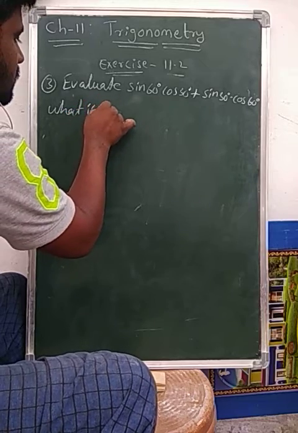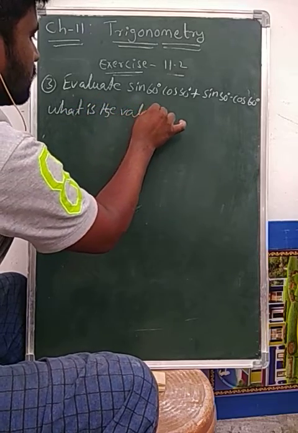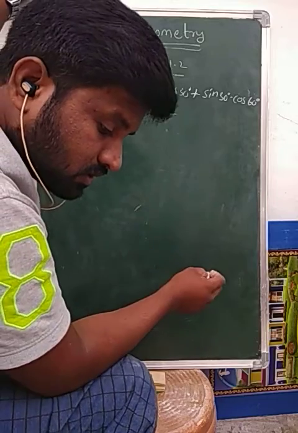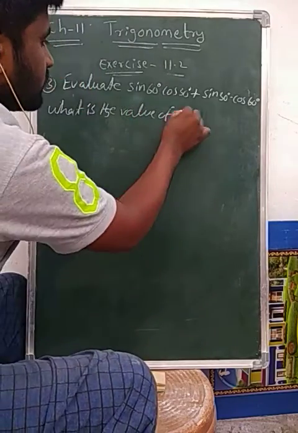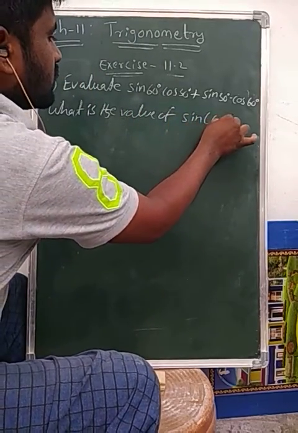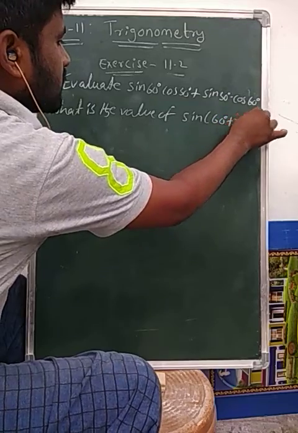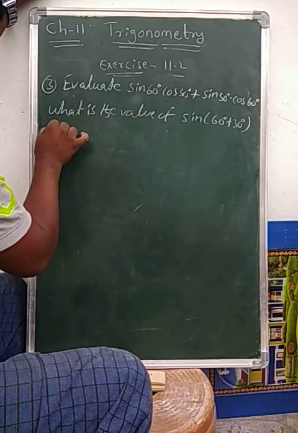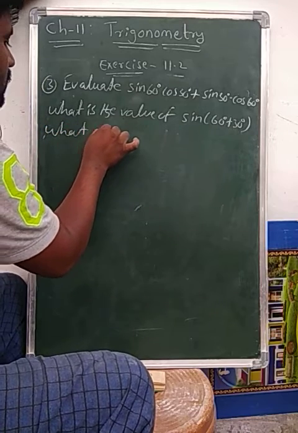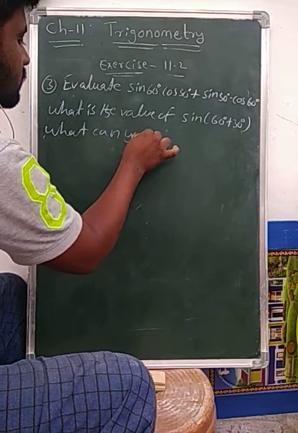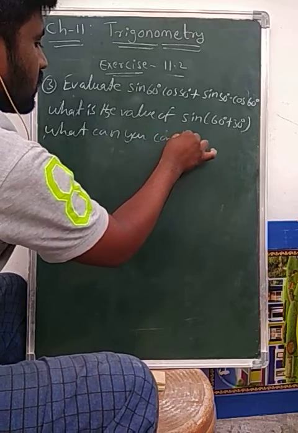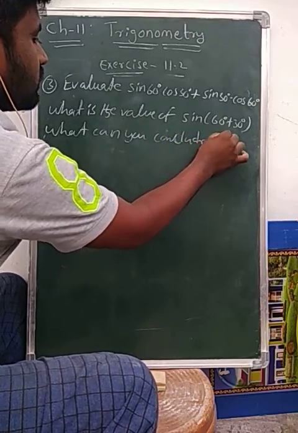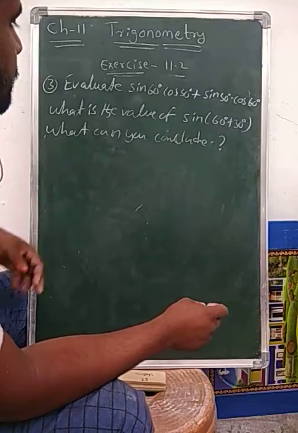What is the value of sin of 60 degrees plus 30 degrees? What can you conclude? Okay, so this is the question.